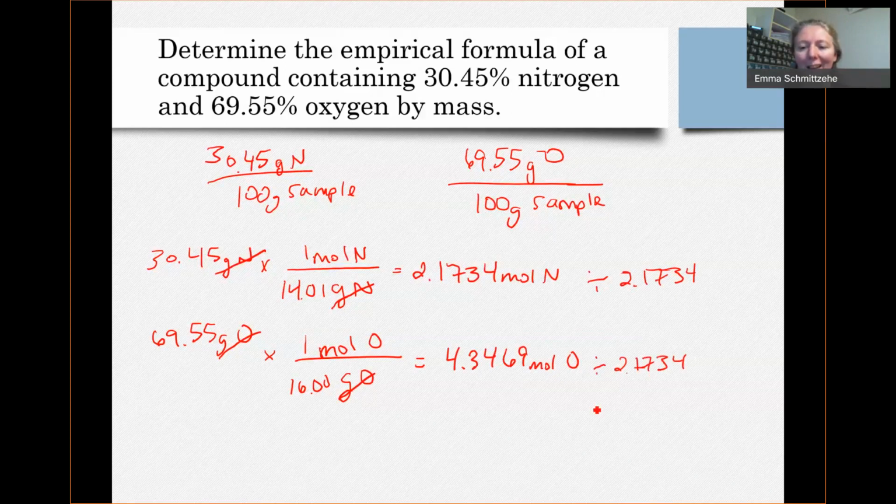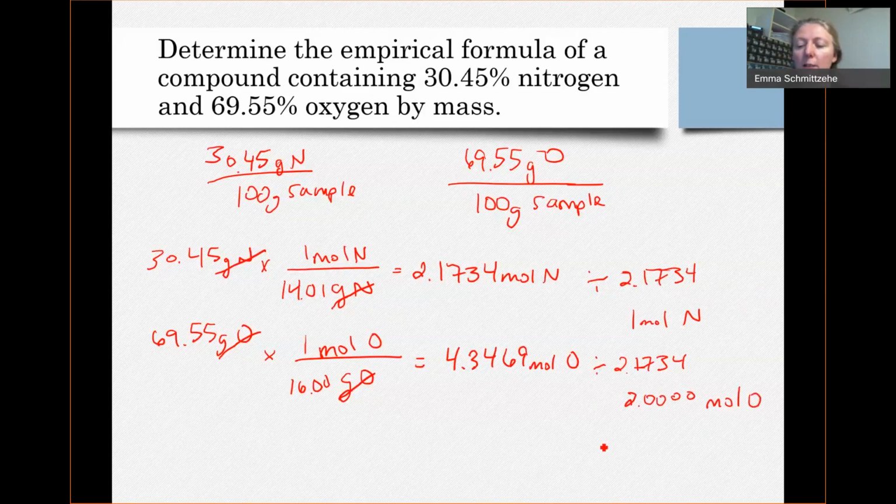And when I do that, I get 1 mole nitrogen, and then 4.3469 divided by 2.1734 gives me 2.00000 moles. And then after that fourth zero, there's a digit, but that's okay.